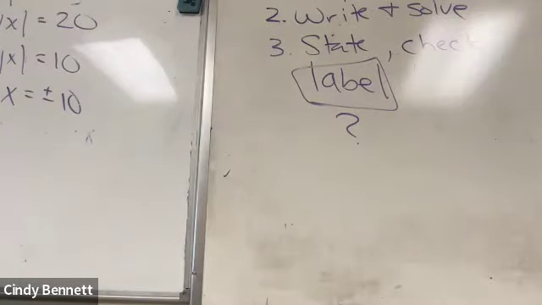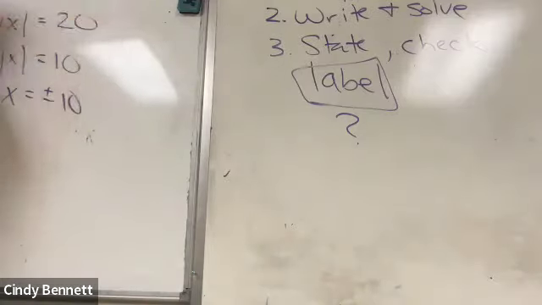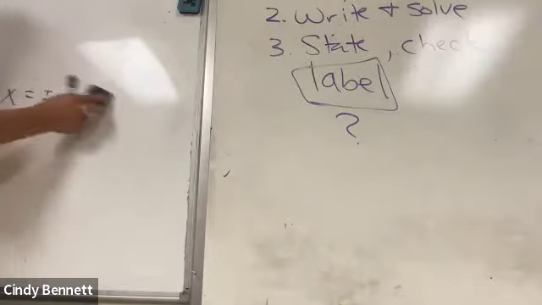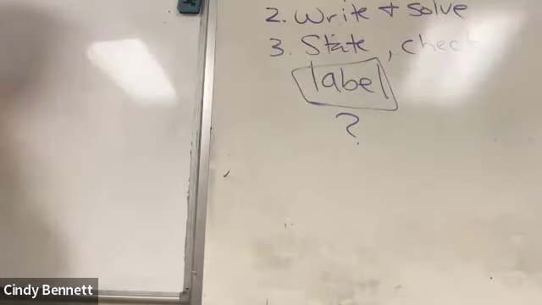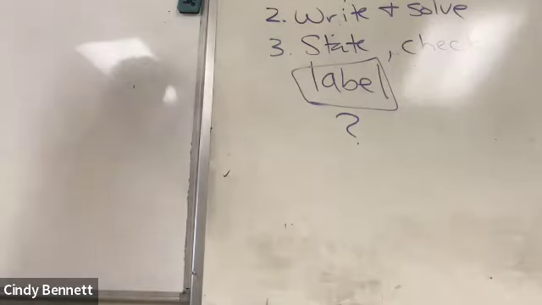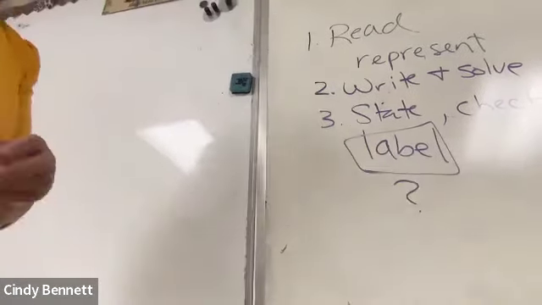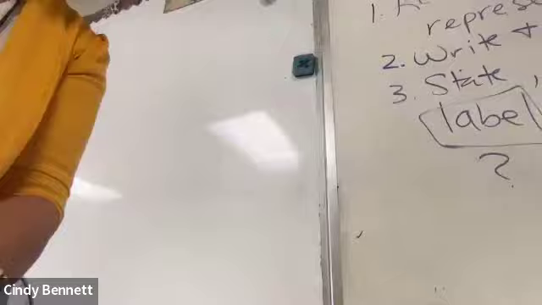We have the sum of two numbers is 85. If the first number is 4 times the second number, what are the numbers? Okay, so who wants to tell me what I need to do to get started? Anybody?